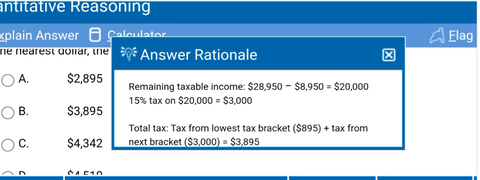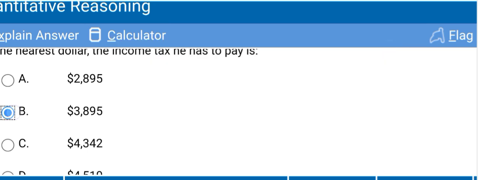Total tax from the lowest tax bracket plus tax from the next bracket, that is $3,000, equals $3,895. So the correct option is option B.